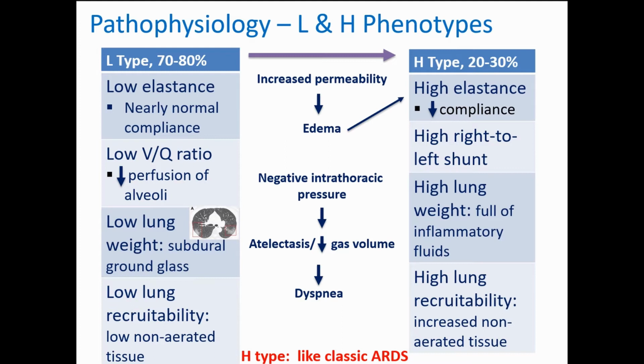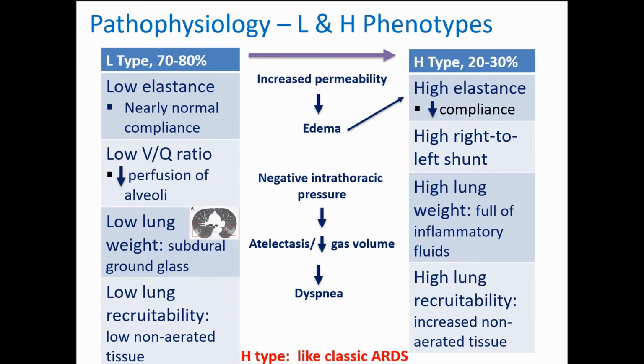I'll be talking about CT scan a little bit more, and then you get to a point where there is low non-aerated tissue. Well, that really signifies fluid accumulating in the lung, and the lung is progressing toward collapse. As a matter of fact, if it progresses more, then you will see a second characterization, which is called H type.